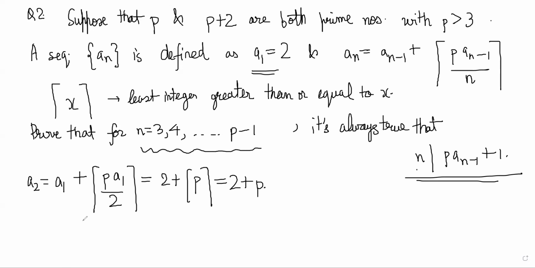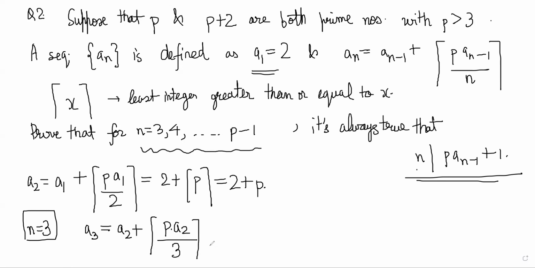So for n is equal to 3, what do we get? a3 is equal to a2 plus p into a2 by 3, right? a2 is 2 plus p, plus p into 2 plus p by 3, right?